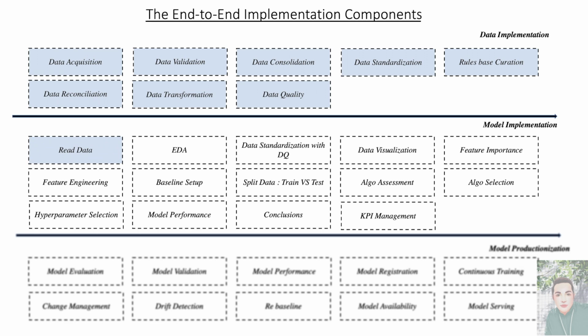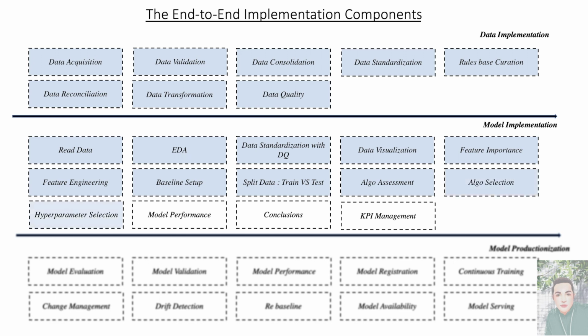Model implementation, in terms of reading those data sets, performing exploratory analysis, some kind of standardization, visualization, feature importance, feature engineering, creating a baseline of the model, splitting the data, to ensure that when you're training a model, you're training and then testing the model with some unknowns. Assessment of different kinds of algorithms, right? So we tested our business problem with an XGBoost. Why not test it with some other algorithm like LSTM?